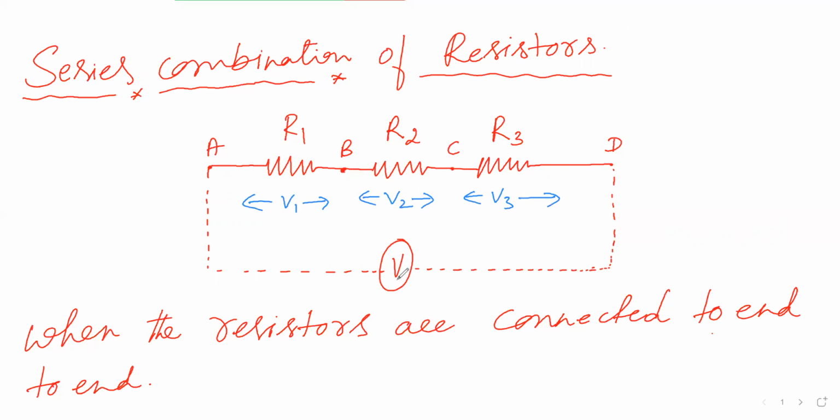The total potential applied is V, divided into V1, V2, V3 across R1, R2, R3. The current which passes through the circuit is I, and it is the same current through each resistor.